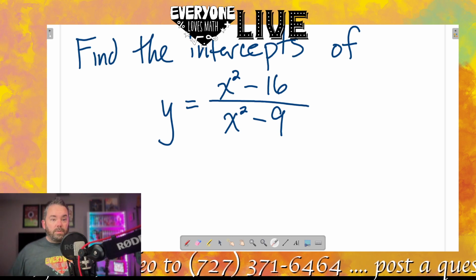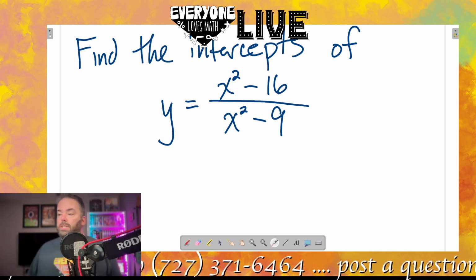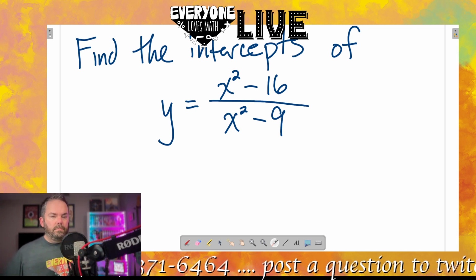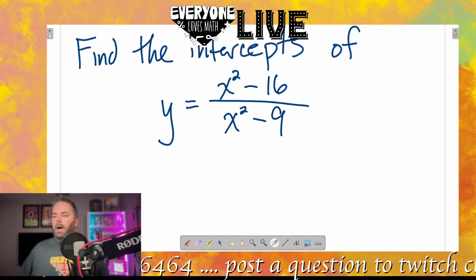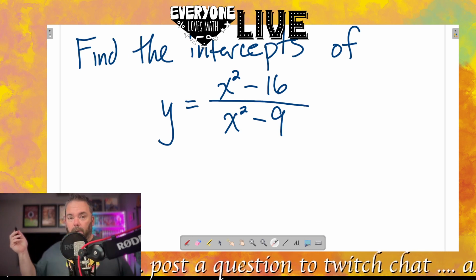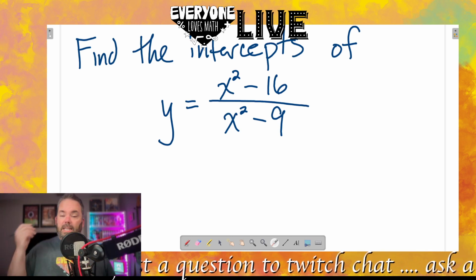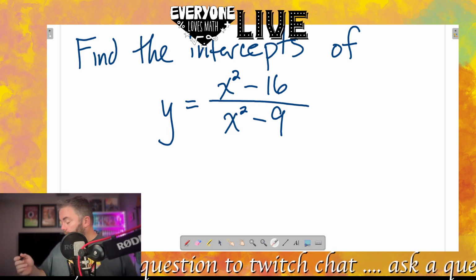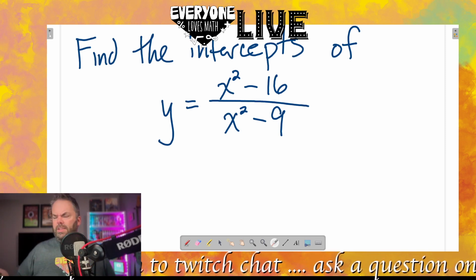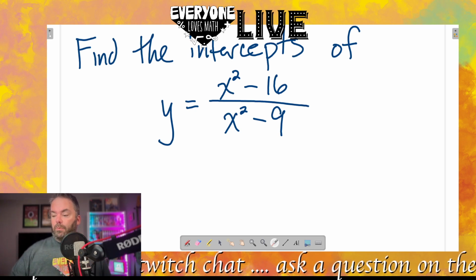So here was Stove's other question. Stove's other question is find the intercepts of this graph. Okay. A couple things we noticed, we'll call them out. First thing we know is this is definitely a rational function because it is a quadratic over a quadratic. The other thing is that I cannot help myself when I see this.